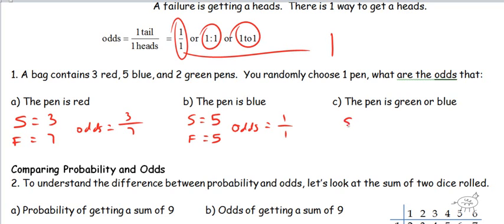Well, success is green or blue, so it's 5 plus 2, which is 7. And failure is red, which is 3. So odds are successes over failures, so 7/3. Now that obviously can't be a probability because you can't have probabilities greater than 1. Odds you can, because success over failure can be anything.